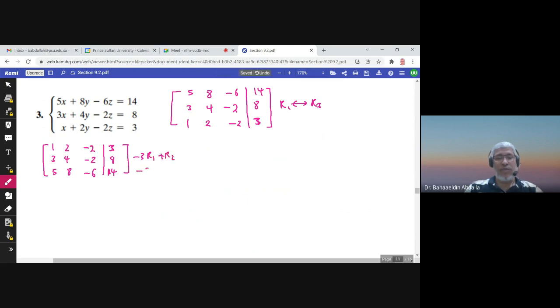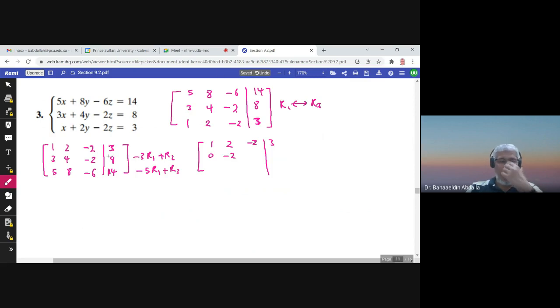It's a systematic way, if you understand it. It's a very easy and systematic way. 1, 2, negative 2, 3, row 1 unchanged. Negative 3 plus 3 is 0. Negative 6 plus 4, that's negative 2.